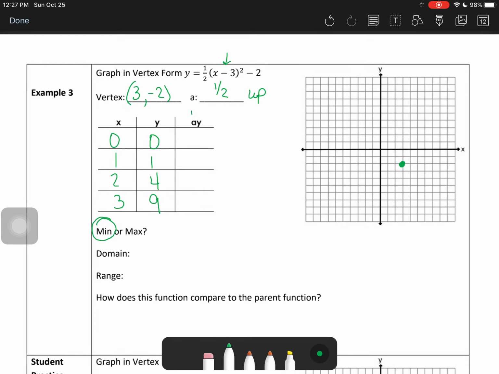We're going to multiply each of those y values by 1/2. We will cross off the middle column since we have changed that. Circle the (0, 0), which is our vertex. From our vertex, we're going to go over 1 and up 1/2. Then we're going to go over 2 and up 2. We're going to go over 3, up 4.5.